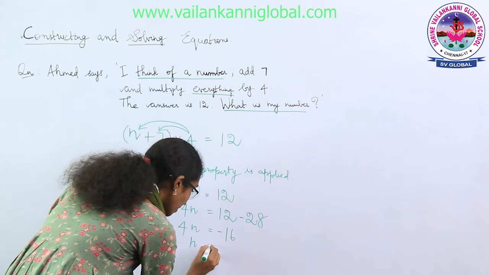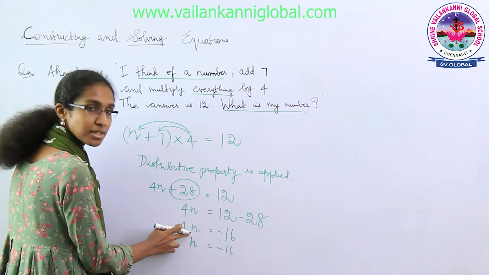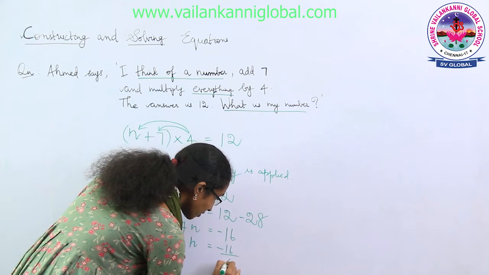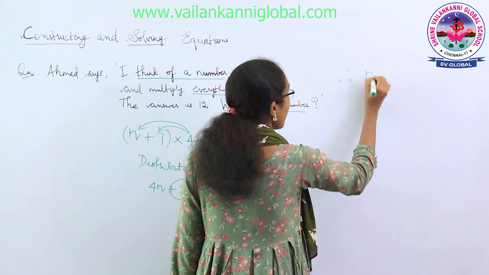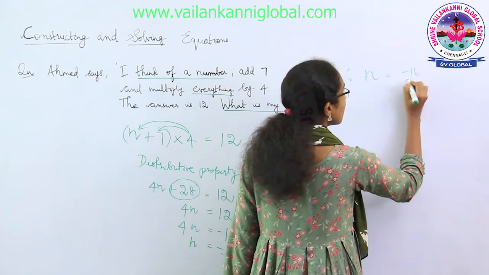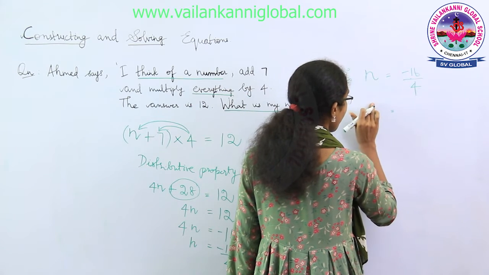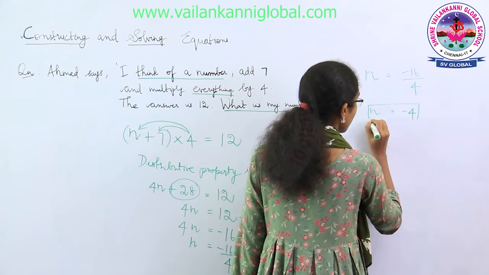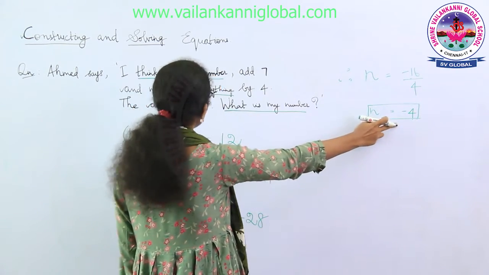So 4n equal to minus 16, and this 4 which is in multiplication, when it comes to the next side becomes division. So therefore n is equal to minus 16 divided by 4, cancelling we get minus 4. So the number he thought was n equal to minus 4.